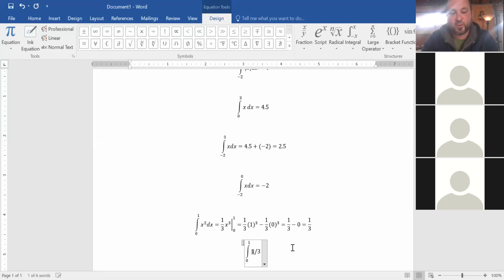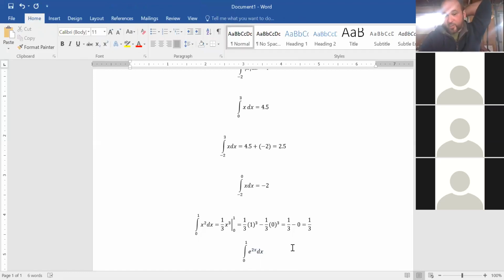This time we'll do e to the 2x dx. Right, so we want to find the signed area underneath the curve e to the 2x dx. So the first thing we have to do is find the antiderivative of e to the 2x.